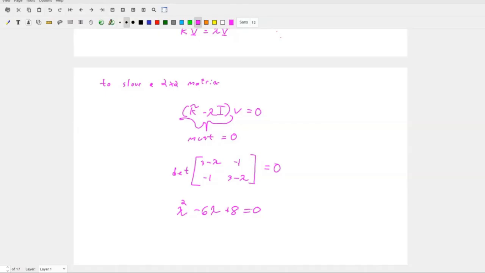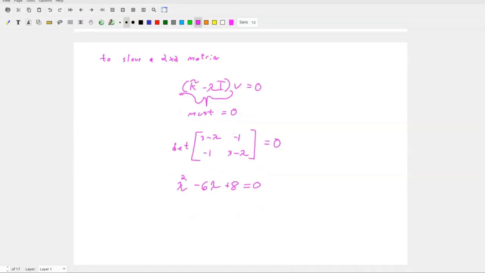How do we solve a characteristic equation, right? We need to find the roots. So the roots of this are the eigenvalues, and so we can get lambda 1 is equal to 2, because that'll get me 4 minus 12 plus 8 equals 0, and lambda 2 is equal to 4. That will also get me 0.